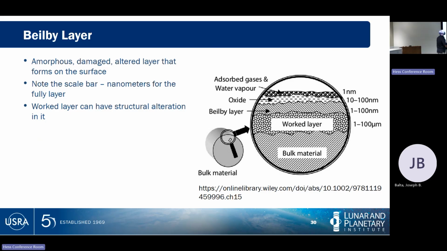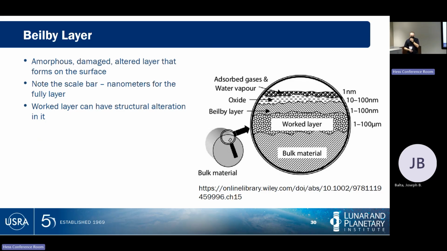It will contain both remnants of whatever I've polished it with, water from the air, carbon from the air, oxide, where the material that I've exposed has reacted with the air to form an oxide layer. And then this set of layers right here is the same stuff, but has been either distorted or even turned into a glass. This happens just from polishing.